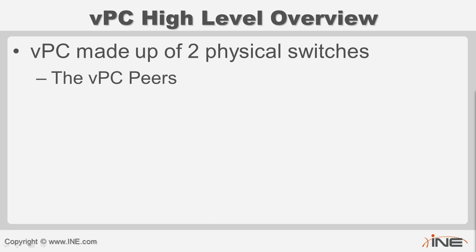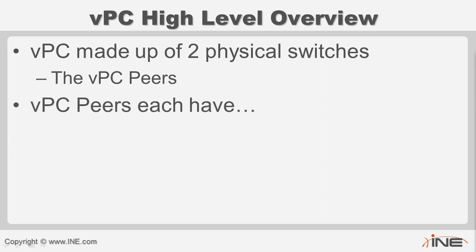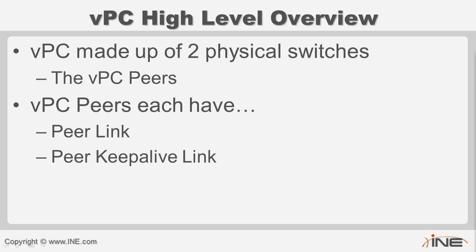So the VPC peers are going to be the physical switches that are upstream of whoever we are channeling towards. Okay, we then have on the VPC peers a peer link that's going to be a physical cable running between the different chassis. We have a peer keepalive link that's going to be a layer 3 interface that's basically pinging back and forth to make sure that the peers are still available.